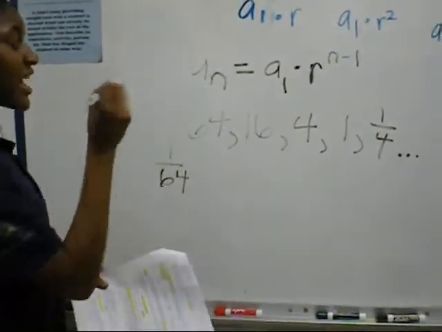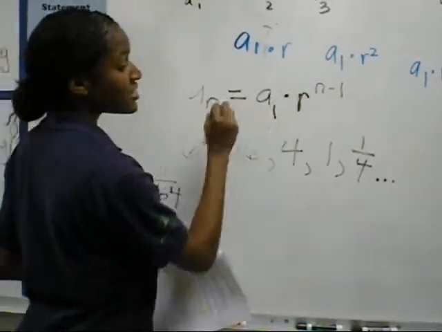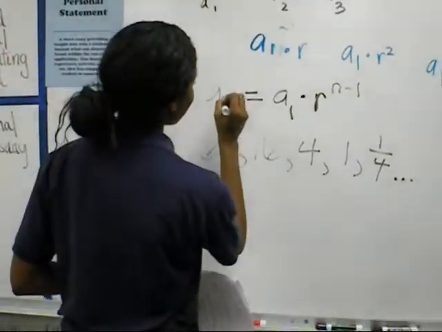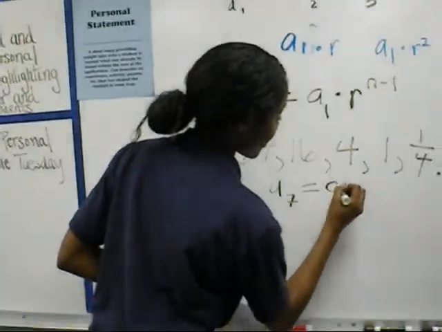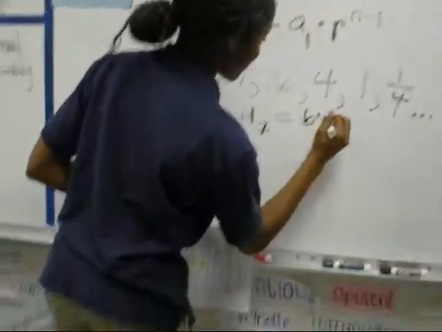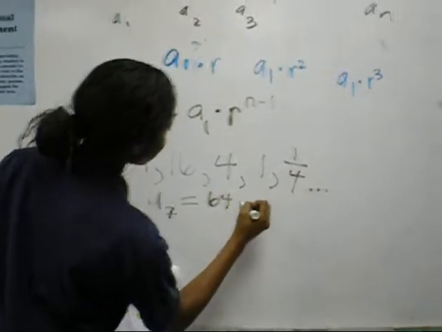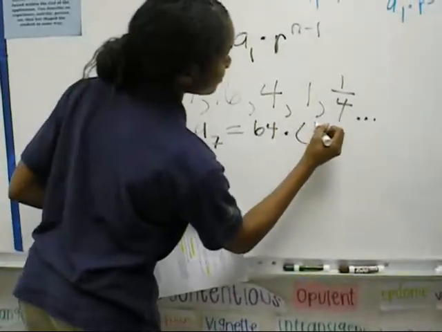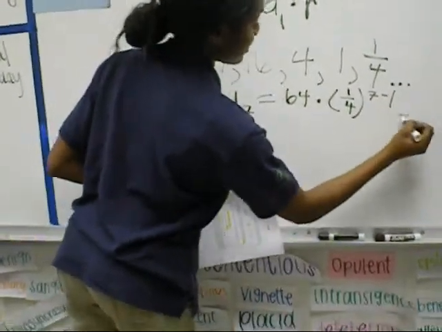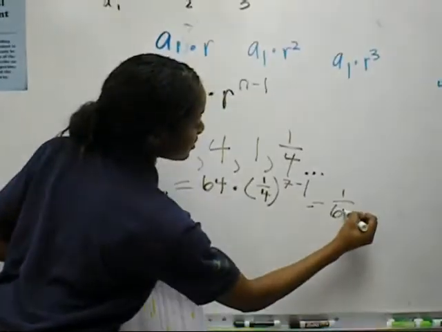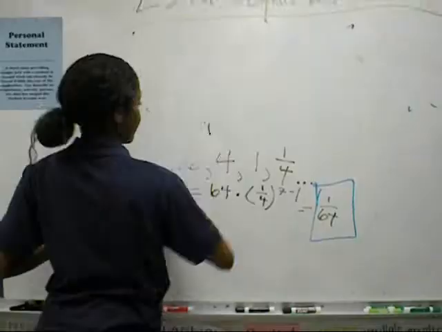Correct. And we get that by plugging our numbers into the expression. A7 will equal A1, which is 64, times the common ratio, which is 1/4, to the N minus 1. And that equals 1 over 64.